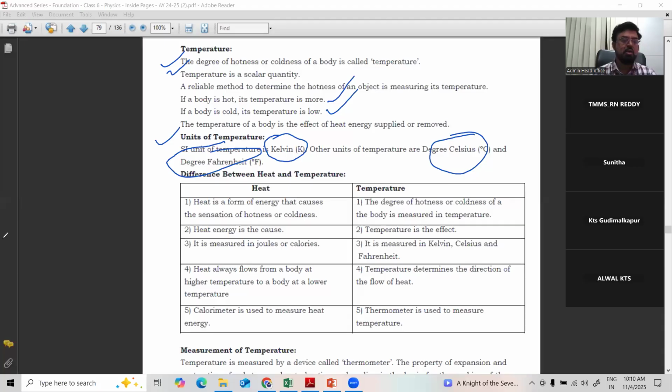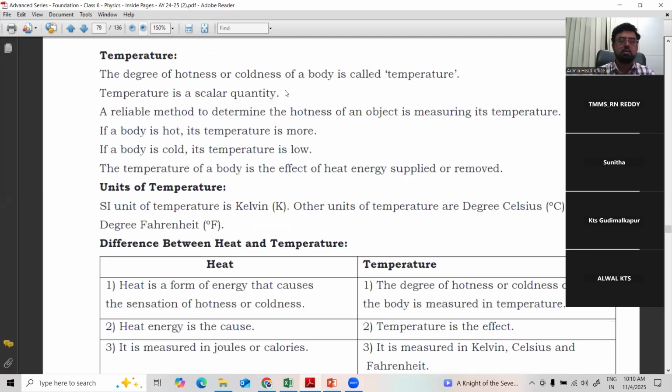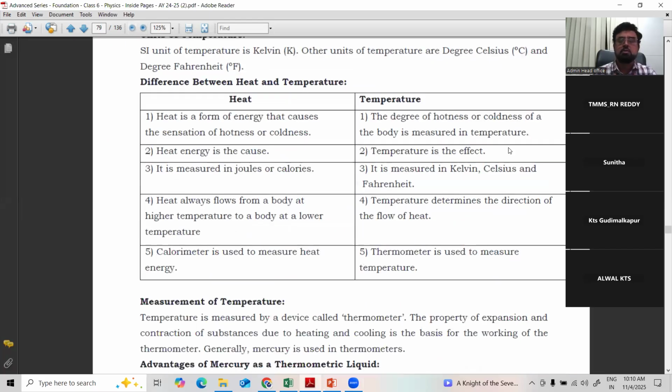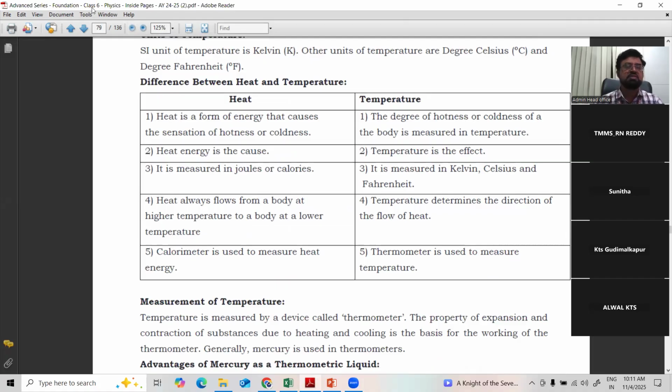See the beautiful table. You can copy it also. It is a very important table, you can write it down in the notebook. It is very important for the difference between heat and temperature. Till now you know what heat is, what temperature is, the effects of heat, and the units of heat.